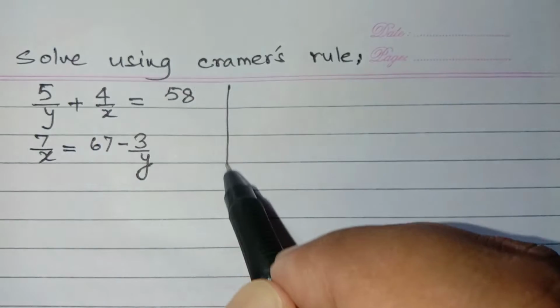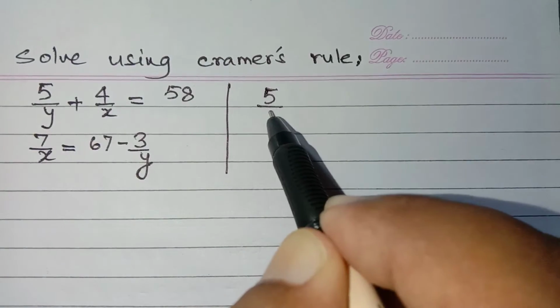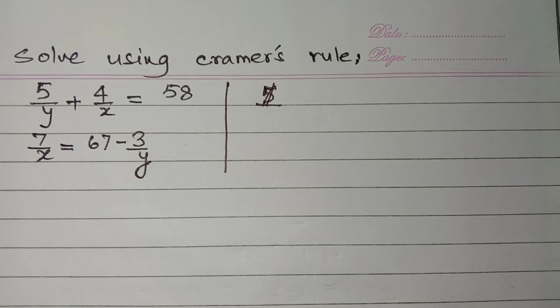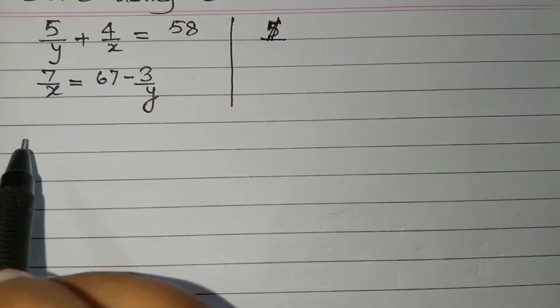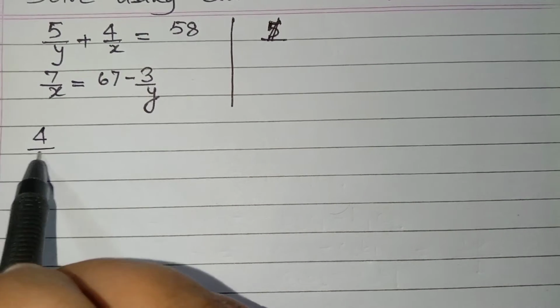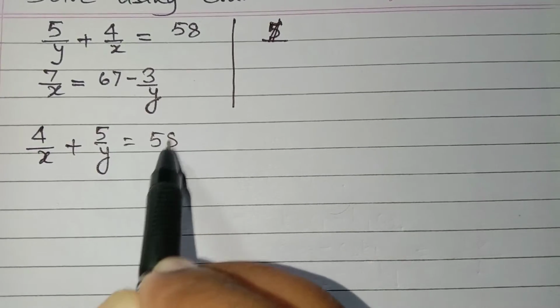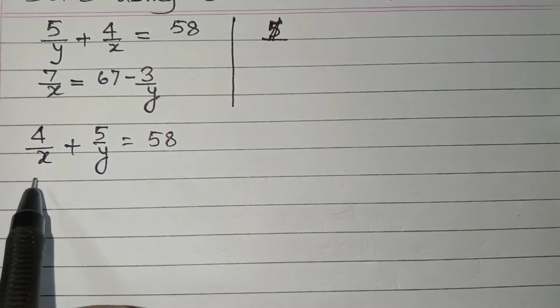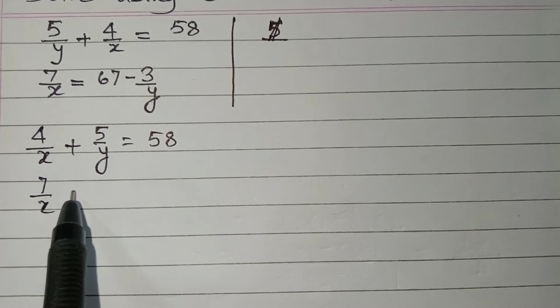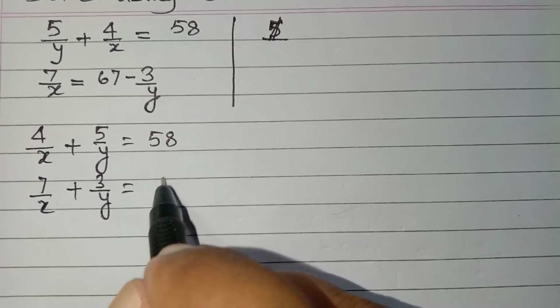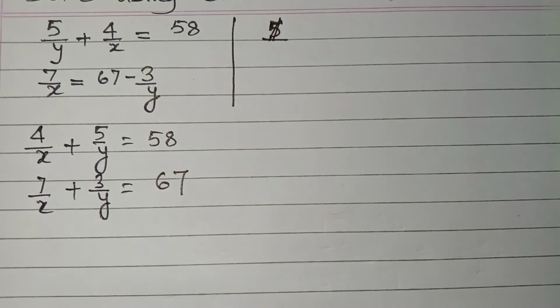So I'm going to write the first equation as 4 by x plus 5 by y equal to 58, and this second equation can be written as 7 by x plus 3 by y equal to 67. Okay. Now this equation can be written in the matrix form as shown.